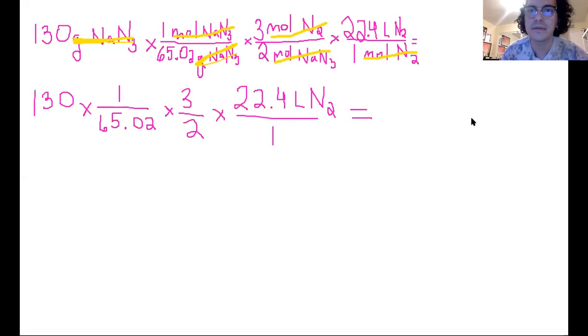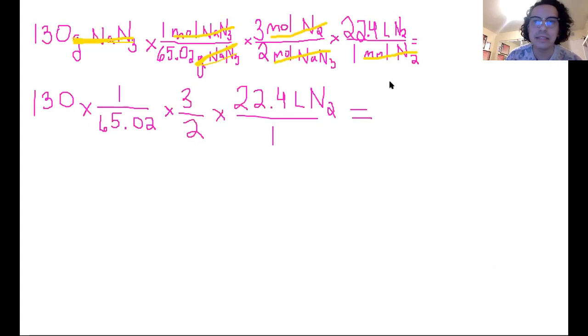Okay, I just need to find the calculator in this computer. So 130 times 3 times 22.4 will give us this.